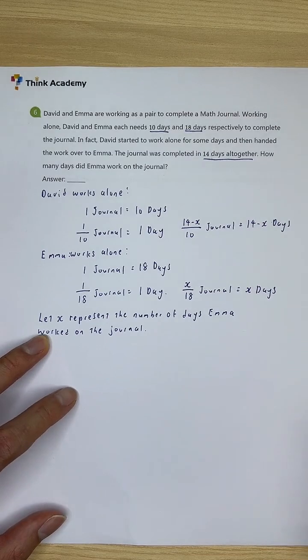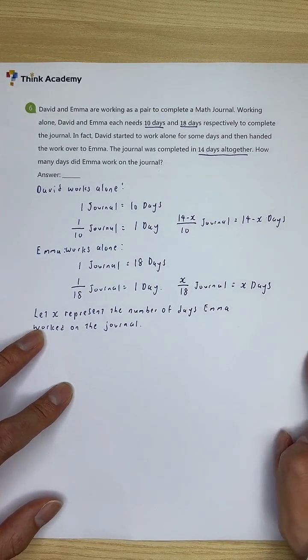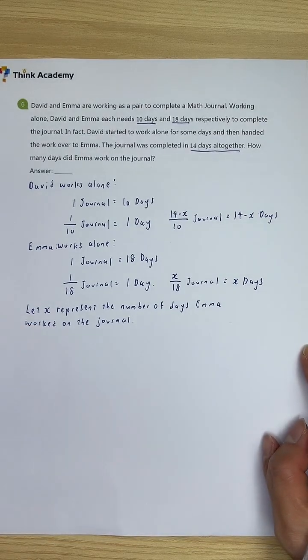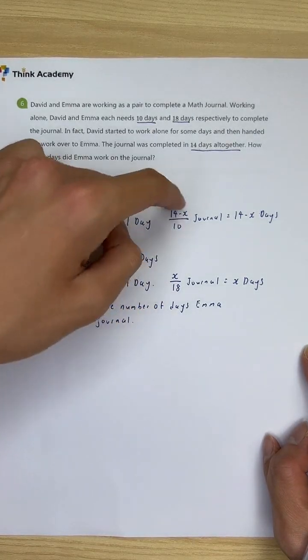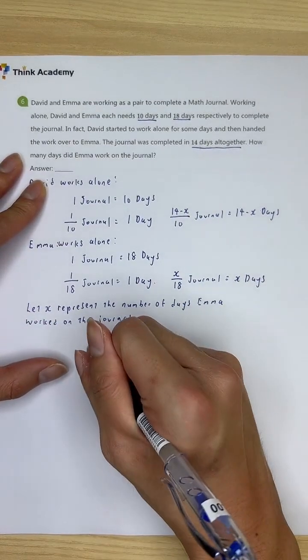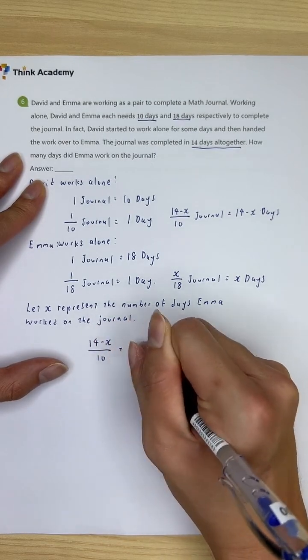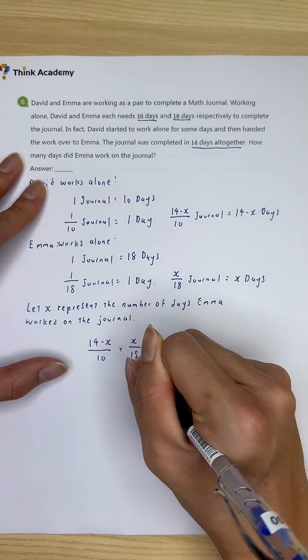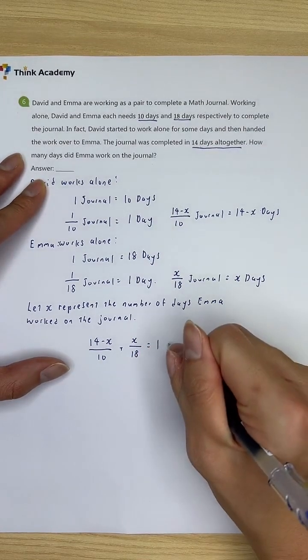But we know that one whole journal is completed in these 14 days. So the sum of these two must be equal to 1. So I'm going to write it here in the middle: 14 minus X over 10 plus X over 18 must be equal to 1. Right, one full journal.